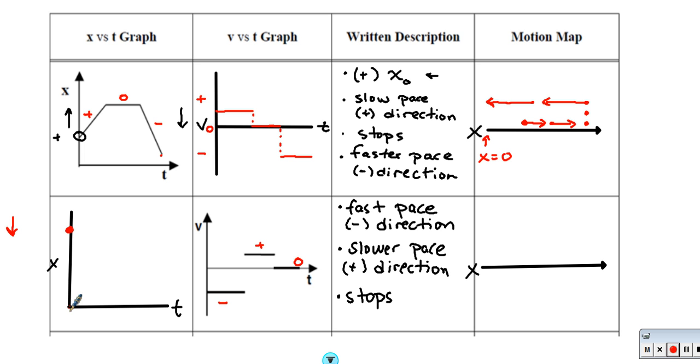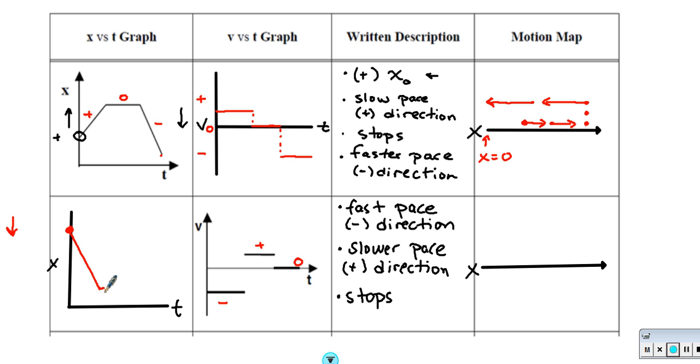So what I do want to show is that for a period of time, the object experiences fast motion in the negative direction. So this line not only will go down, but it should be fairly steep. Okay. Now we have a quick turnaround, so we're going to now move in a positive direction, but at a slower pace. So our graph is going to go up, but not quite as fast.